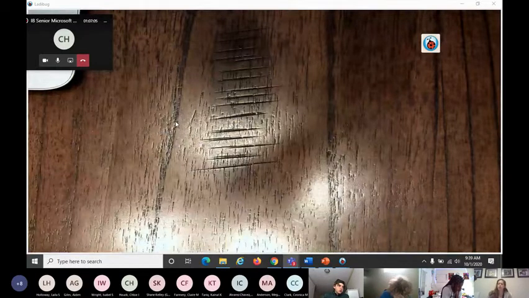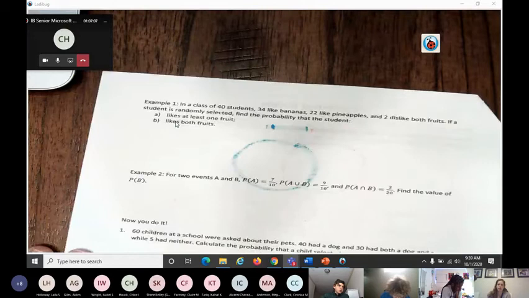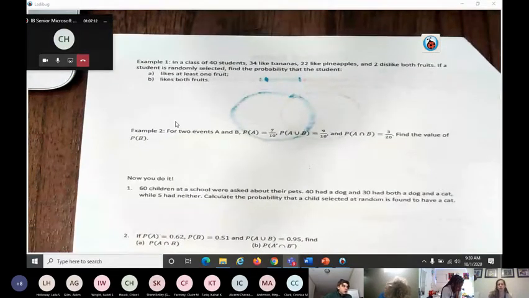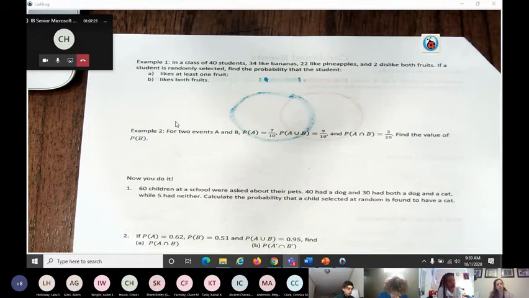All right, so we're going to do example 1. It says in a class of 40 students, 34 like bananas, 22 like pineapples. Okay, I'm just going to use pens this time because the highlighter bleeds through and makes a mess.